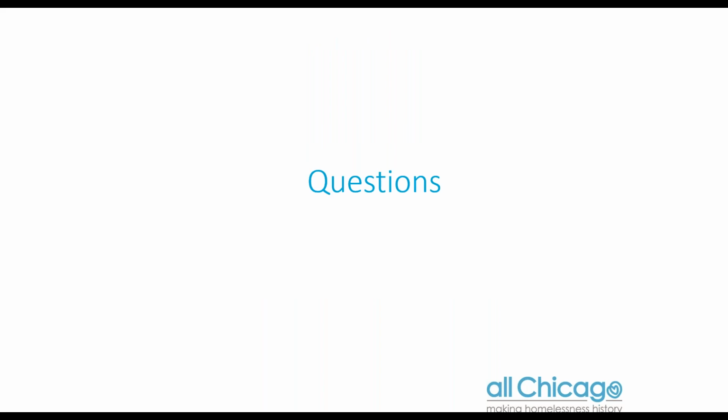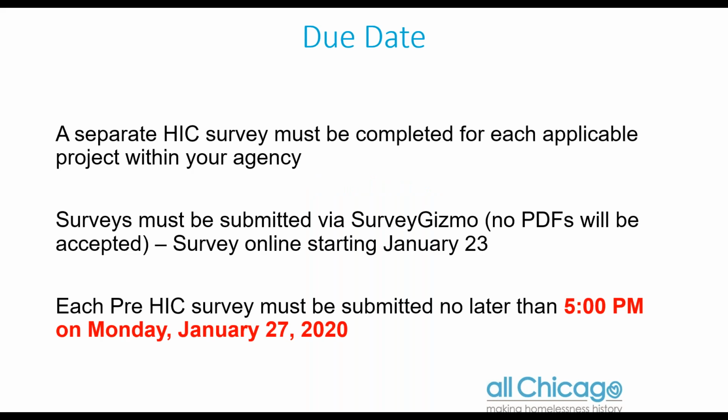Typically, if there were questions, we would ask for questions. If you have any questions about due dates, here is this information again. Each pre-HIC should be submitted no later than 5 p.m. on January 27th.